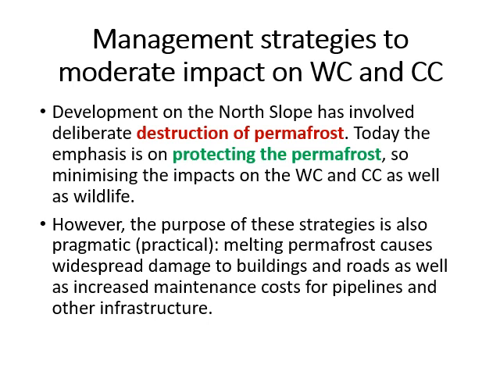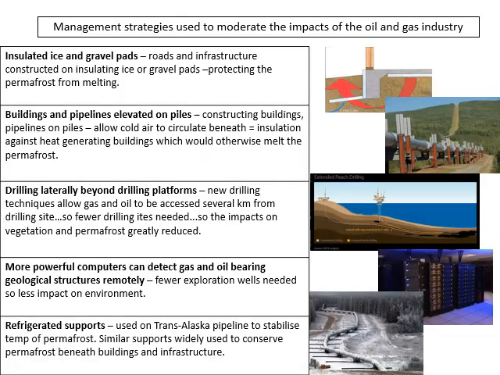They've thawed the permafrost. So when they've looked at the impacts that they're having, they've noticed that the main thing that they can do in terms of managing their impact is to actually try and protect the permafrost. So there are lots of strategies that they've put in place to try to protect that permafrost and stop it from actually thawing out. So these are some of the ideas that they've put into place.